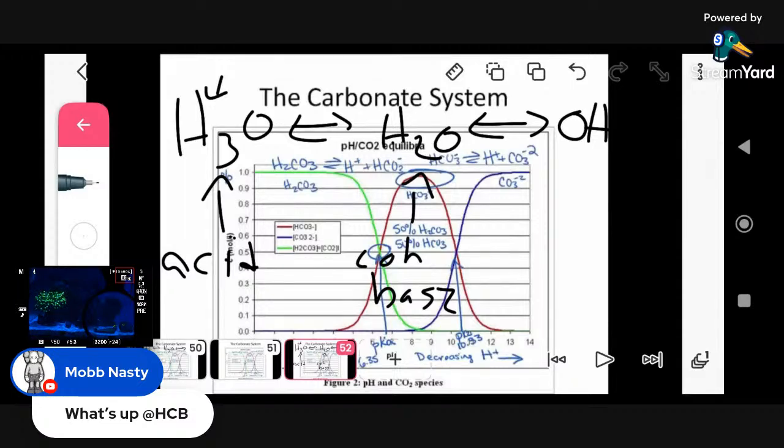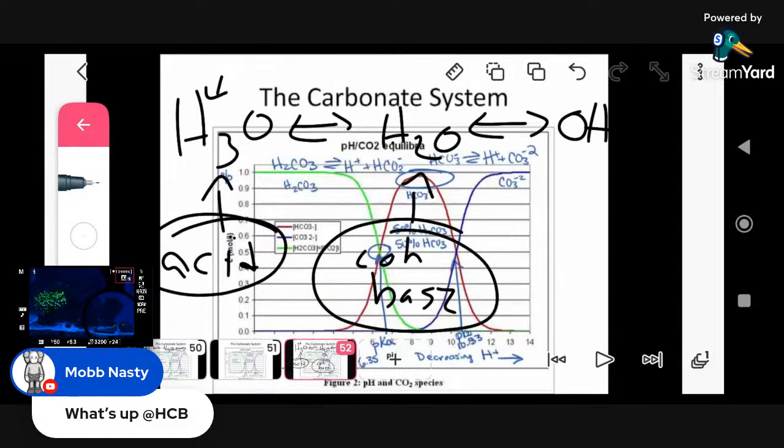Okay. Now I'm going to trick you guys up a little bit. You see how this is the acid right here, and this is the base according to this. Then what is this, right? That's a strong base. Right. So now here's the tricky part to what I'm about to do.